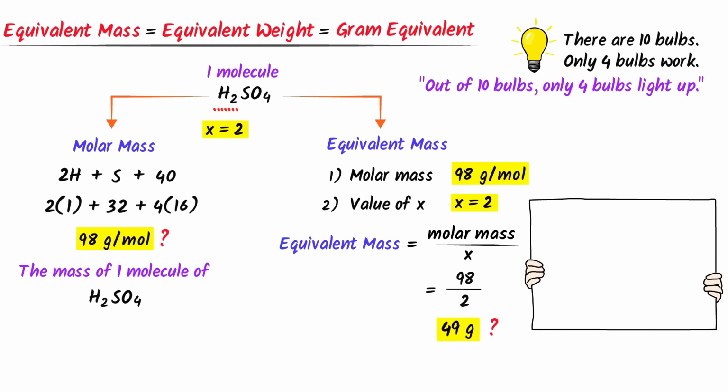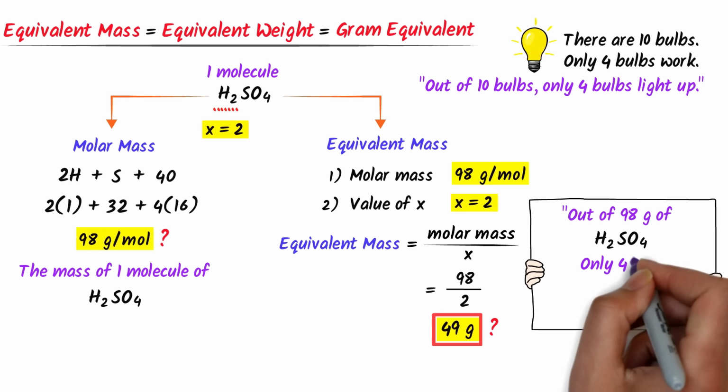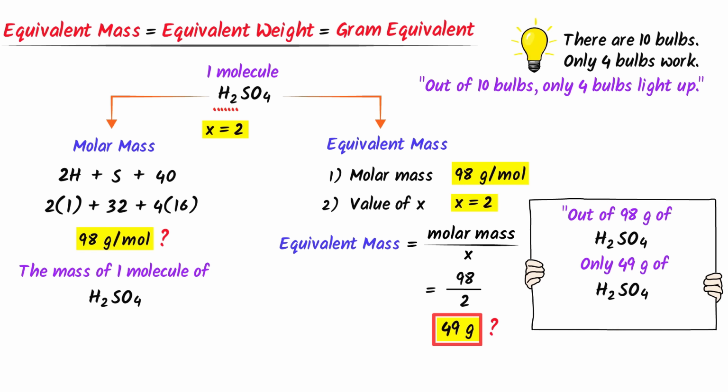Similarly, we say that out of 98 gram of H2SO4, only 49 gram of H2SO4 has the capacity to react.